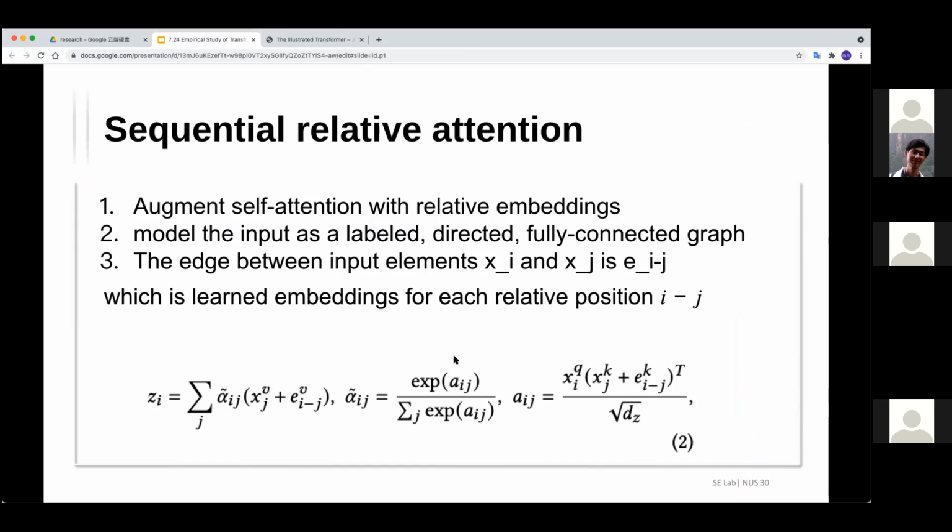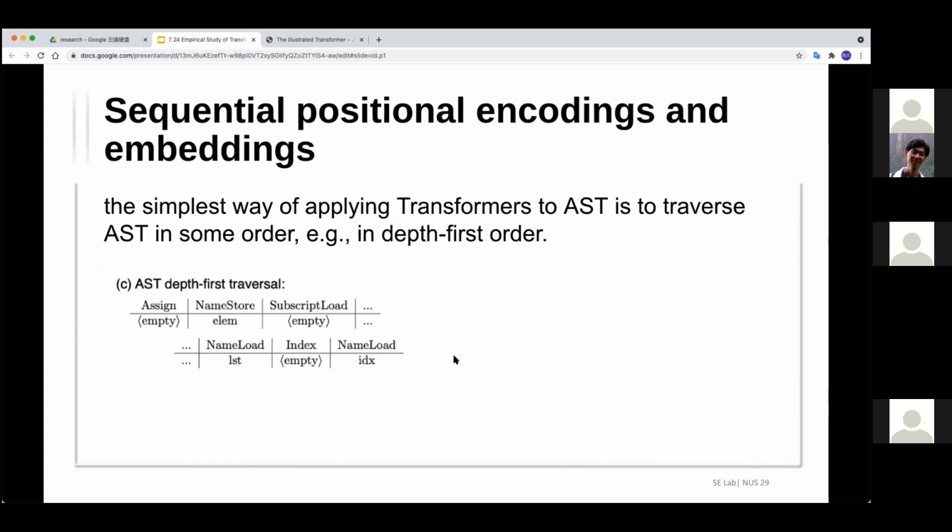Okay, they apply the sequential relative attention, and I still have a question about the depth first traversal of the tree. Once we have converted a tree into a sequence, it means we already lost a lot of the node structure, because a tree can be transformed into a sequence, but not vice versa, right?